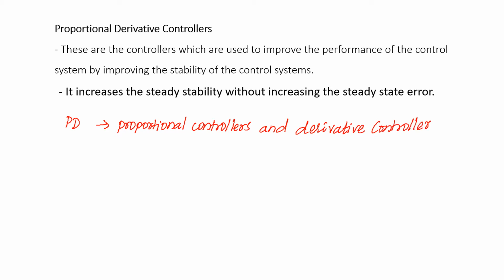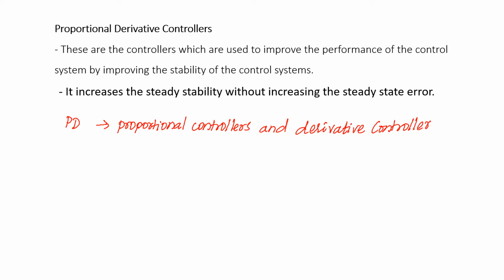The definition can also be written as: the proportional derivative controller output is proportional to the error signal and the derivative of the error signal.